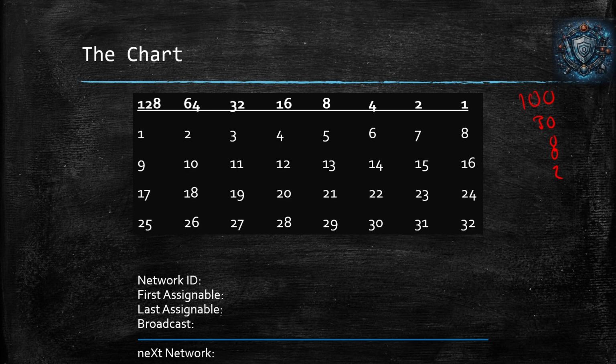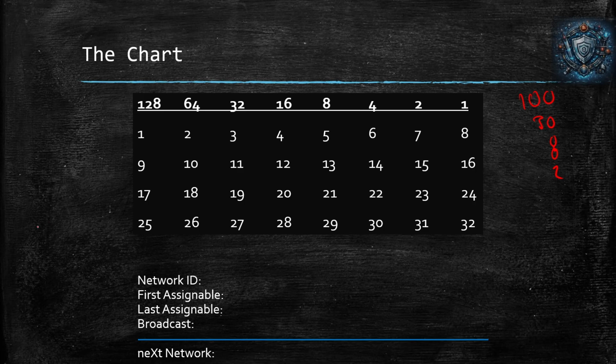Let's take a look at our 100 hosts first. Which CIDR will hold 100 hosts without going under 100? What is the smallest subnet that we can use that holds 100 hosts?